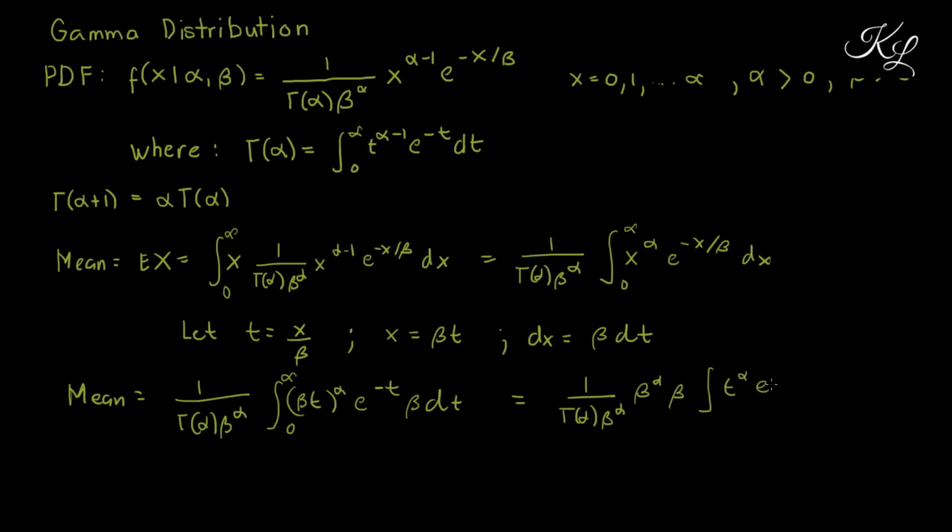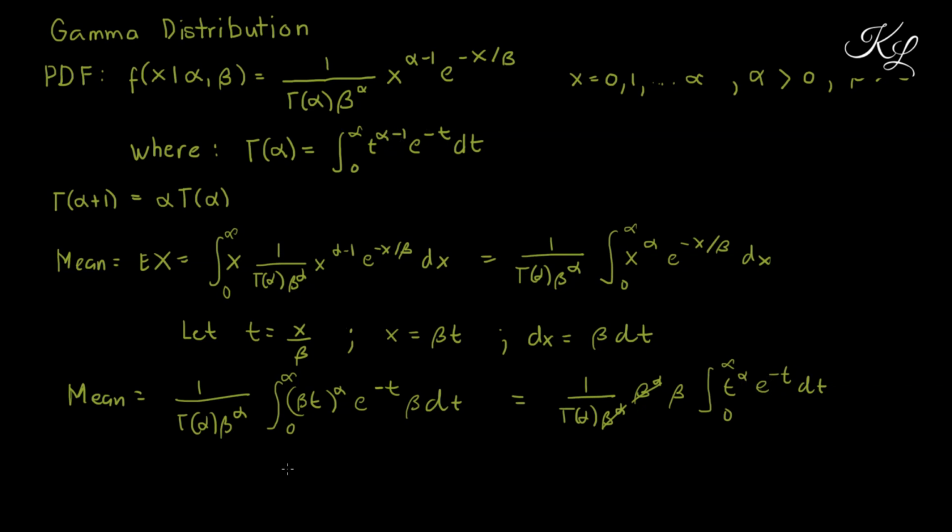Then e raised to negative t dt from 0 to infinity. Now this beta raised to alpha can be cancelled because they are both in the numerator and denominator. Now we'll try to compare this one to this one. This one is same, but here they are not same. And we have here alpha and here alpha minus 1.